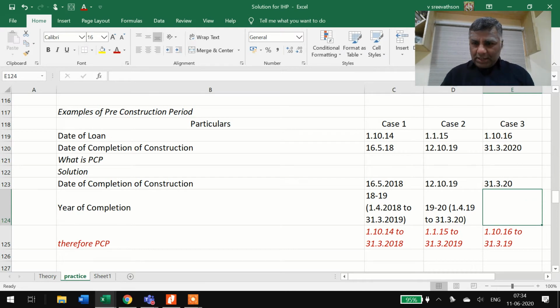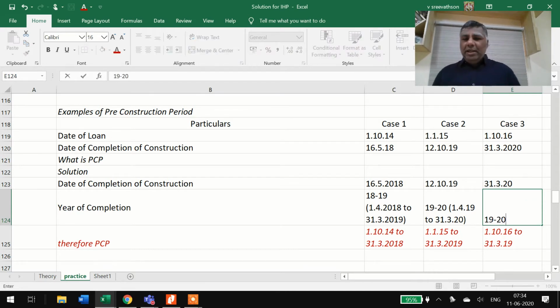So this is falling in the year 1920. Year of completion is 1920, which starts from 1/4/2019. So it will end with 31/3/2019.